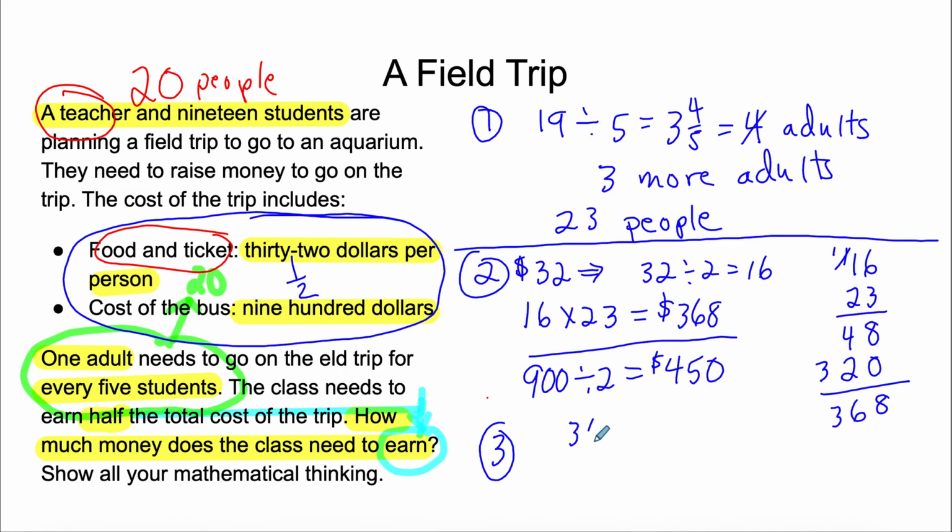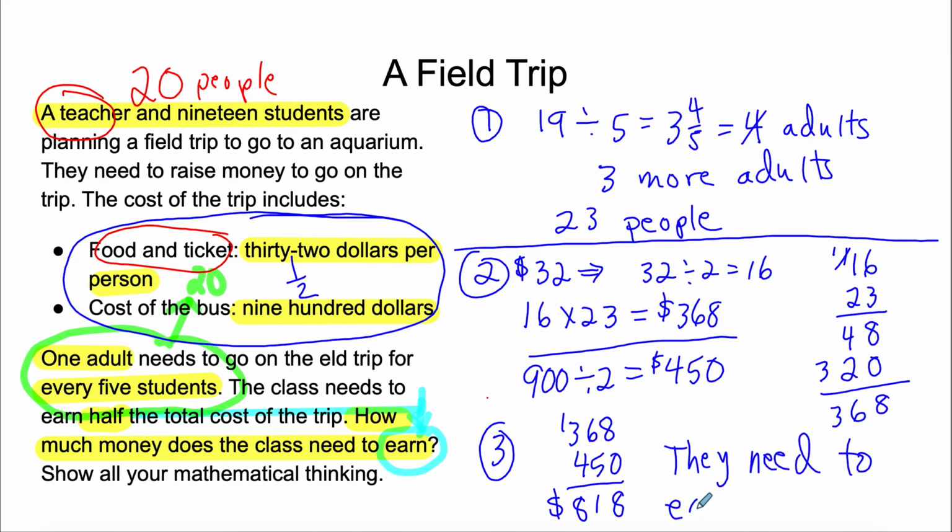So I'm going to add 368 plus 450, 8 plus 0, 6 plus 5 is 11, 7 plus 1 is 8, and I get the same answer of $818. They need to earn $818.